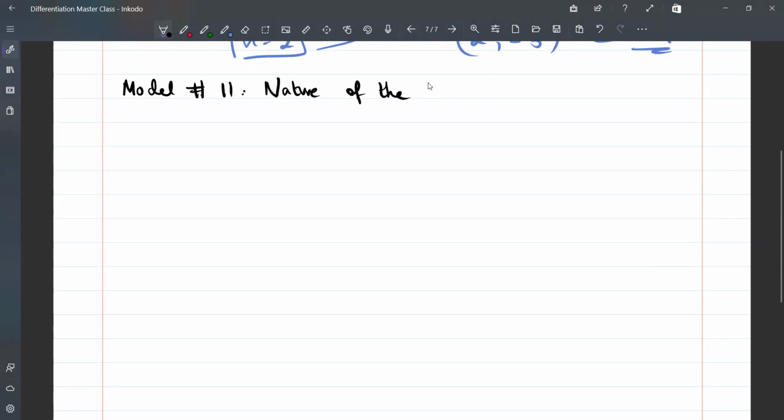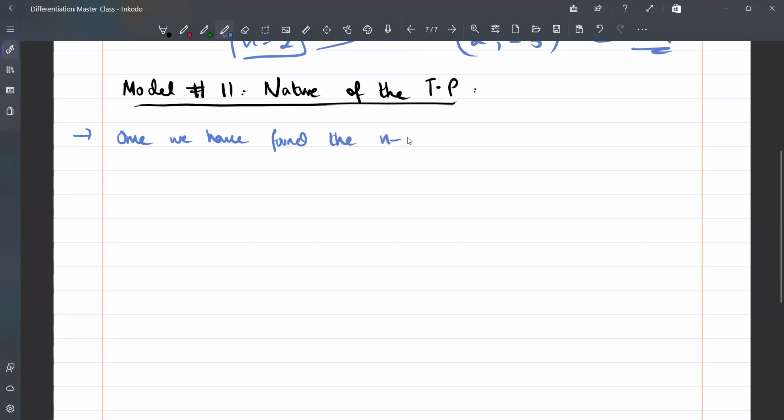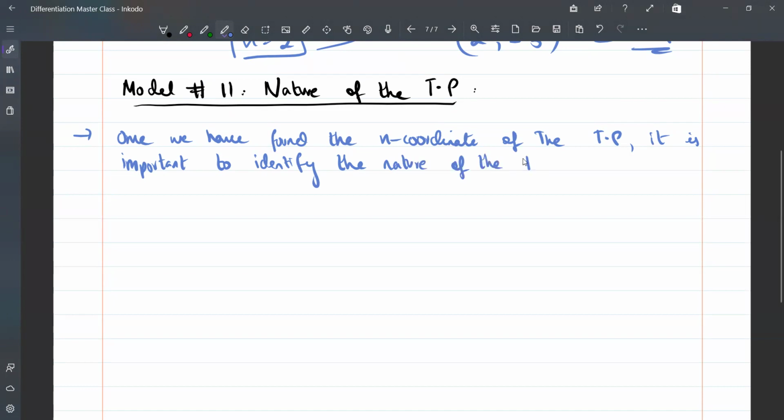So once we have found the x coordinate of the turning point, it is important to identify the nature of the turning point, whether it is maximum or minimum.